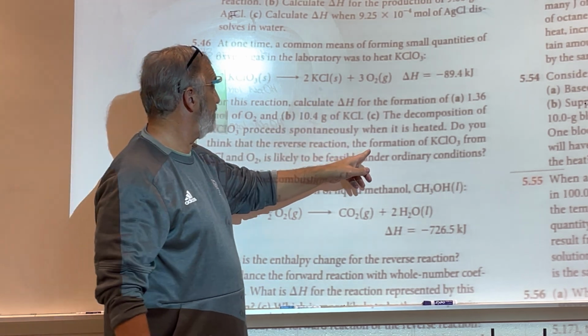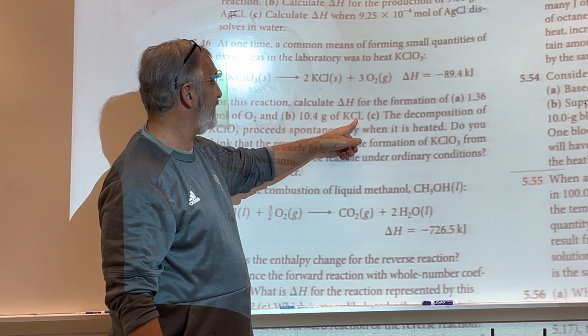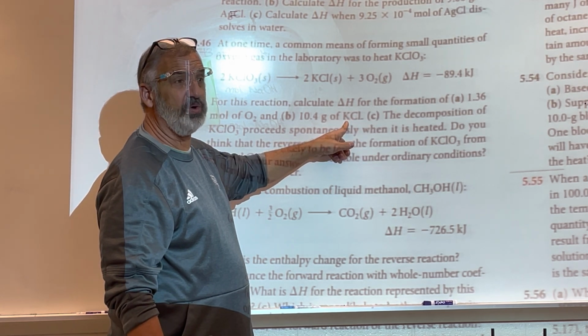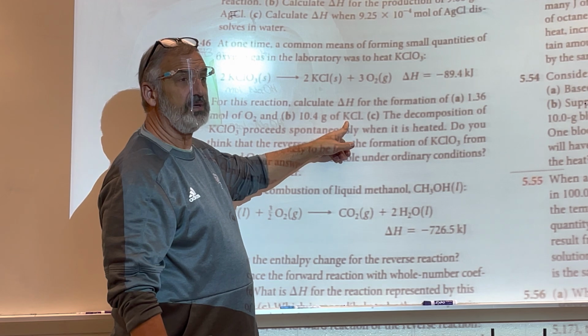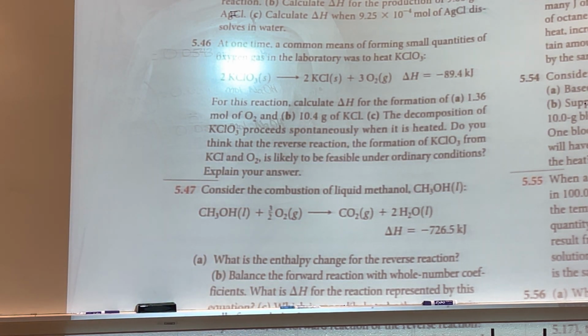You all seeing that? So it's going to be 10.4 divided by, what's the molar mass? 35.45 and then 39.1, 74.55. So 10.4 grams of KCl times 1 mole per 74.55 grams, times negative 89.4 kilojoules over 2 moles KCl.